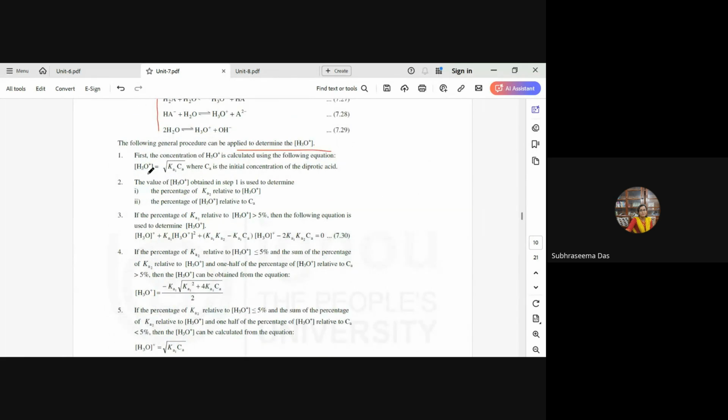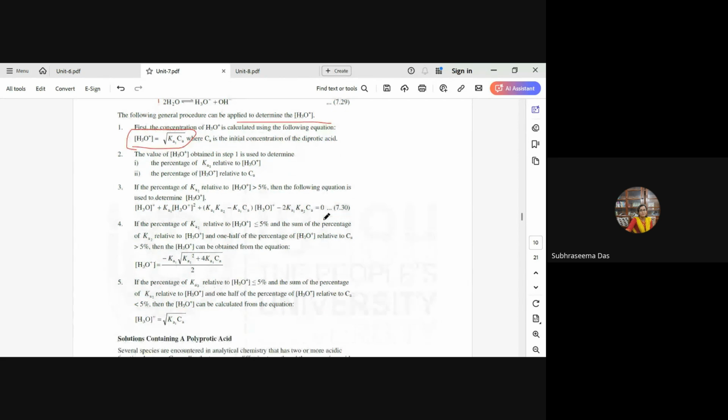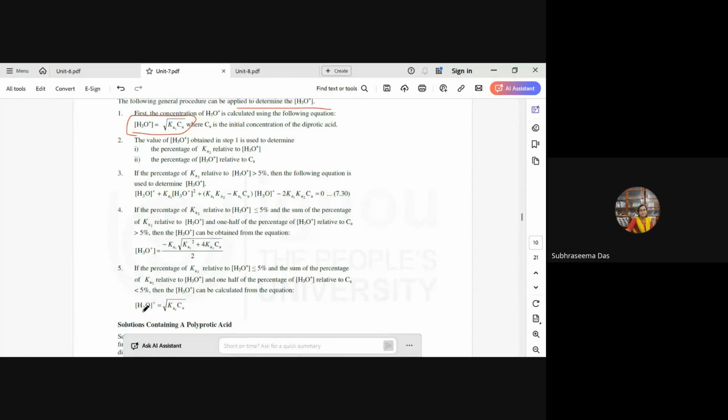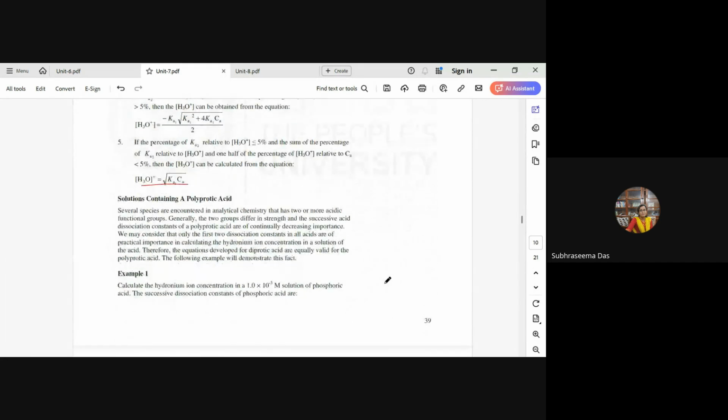The first assumption is that the concentration of H3O plus is calculated using this formula, the square root of Ka1 times Ca. Then the value of H3O plus obtained in step 1 is used to determine the percentage of Ka and the percentage of H3O plus. Then we put in the formula and take the subsequent cases to finally obtain the concentration of hydronium ion.